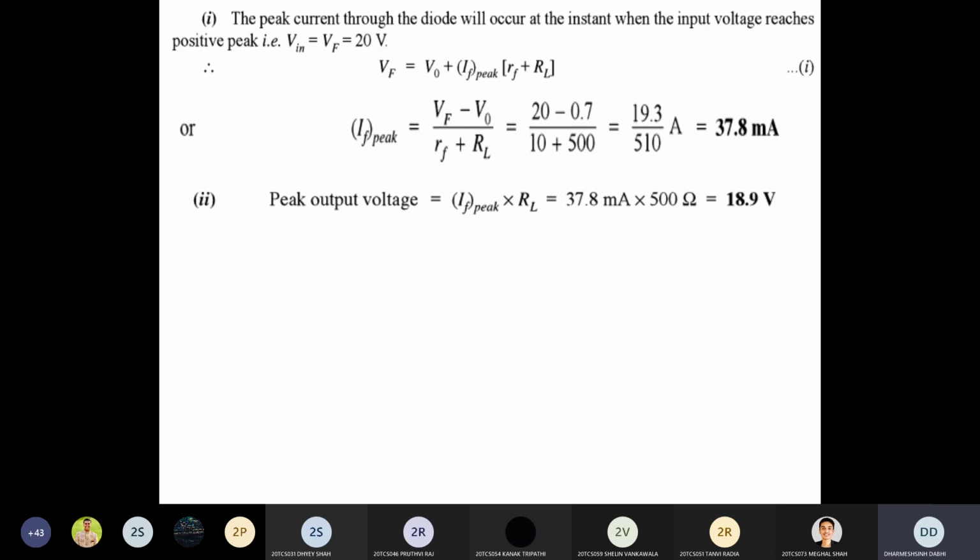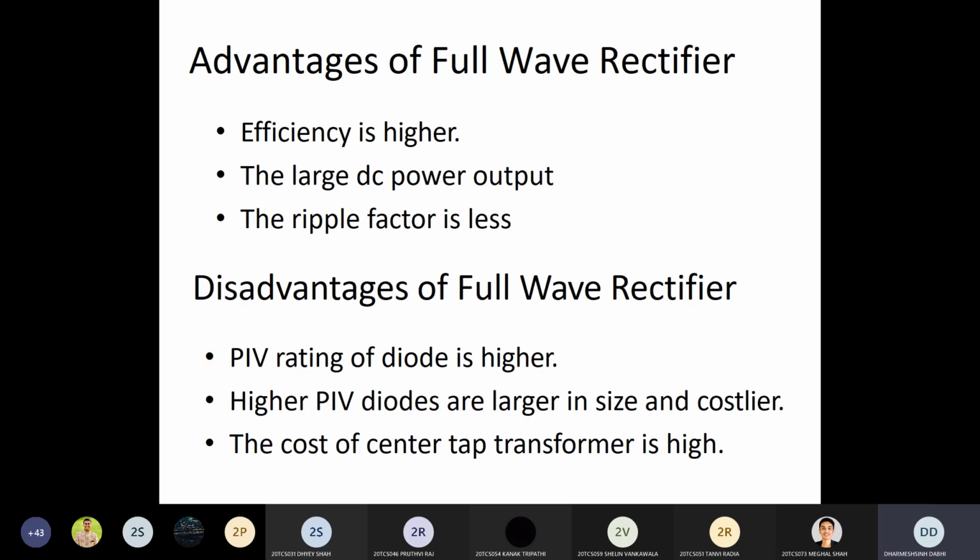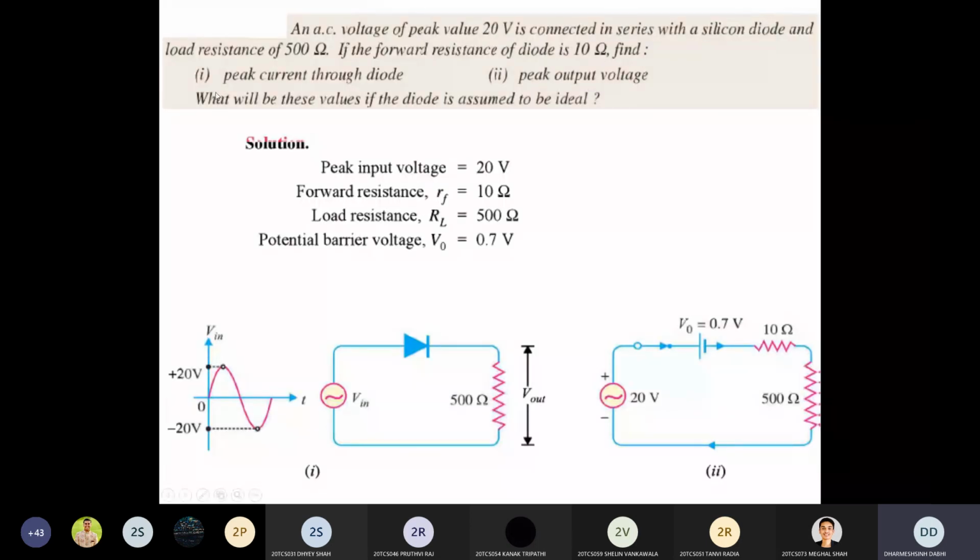Now, what is the next thing? Calculate the same thing. Here you can see what this value will be if the diode is assumed to be ideal. It means calculate these two values again by assuming that the diode is ideal. What is the meaning of ideal diode?